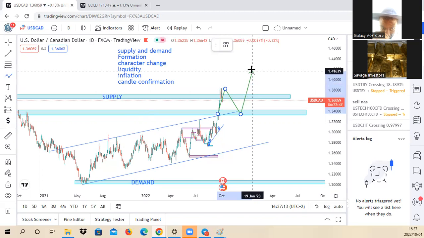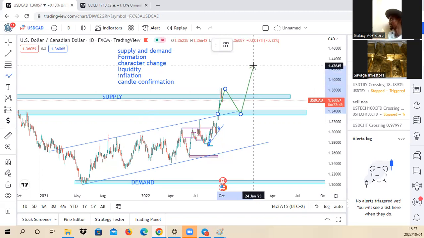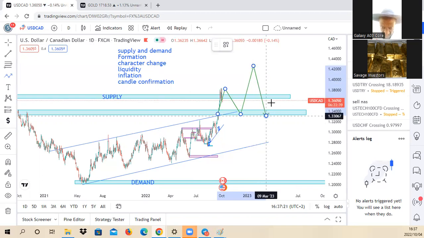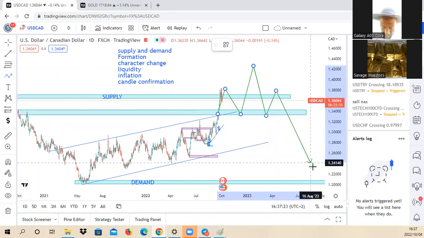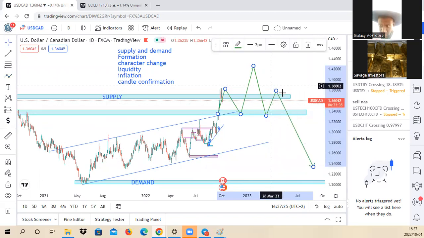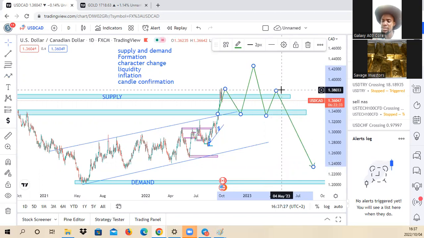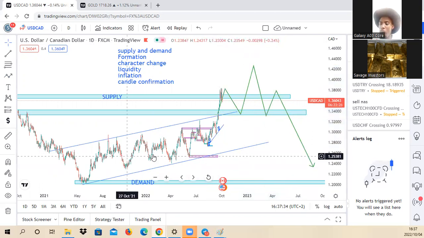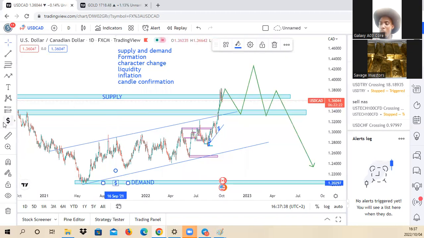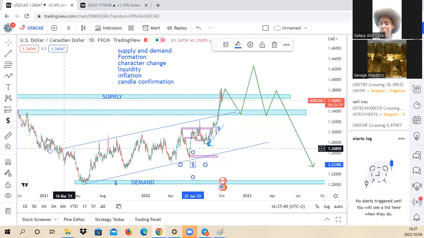If it does break through, the market will come back. And this is the trade we're going to take again. You see that? On the daily. And then it's going to collect all of this liquidity here that is on this trend line.